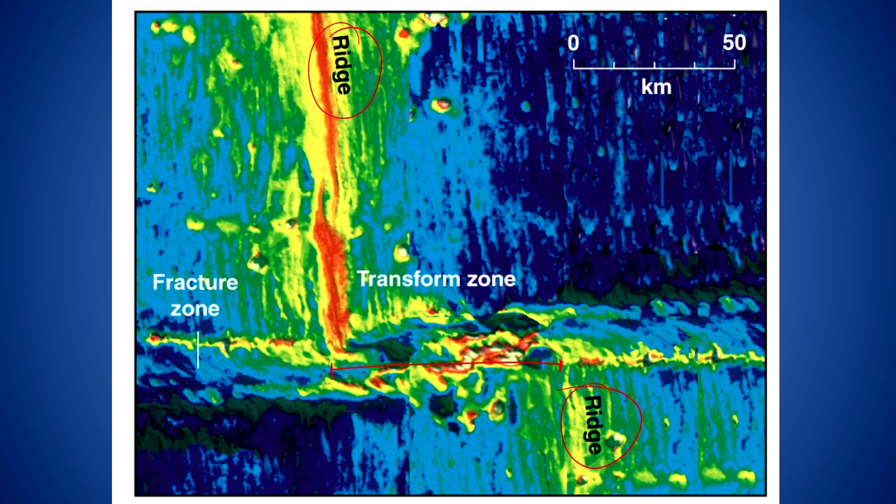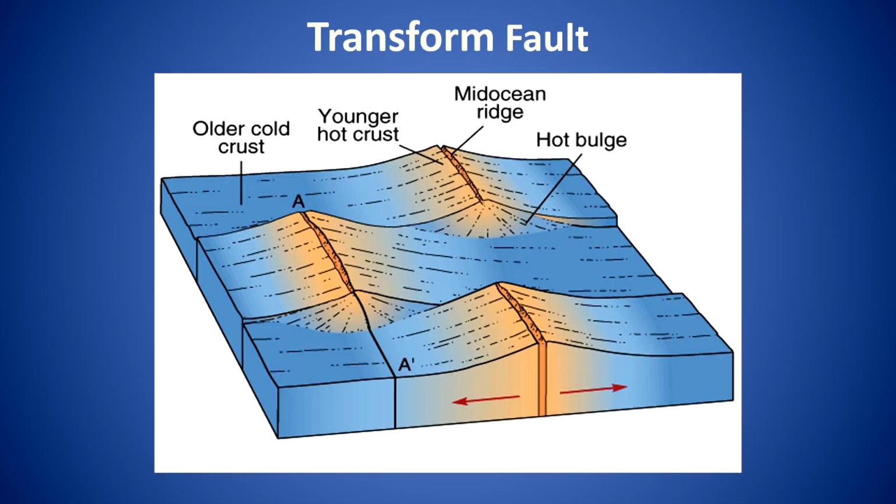The motion here is because these are typical spreading centers, moving in this direction. The plates are in extension and they are moving away from one another because of the movement along the fracture zone.